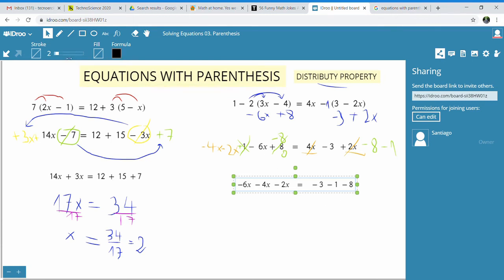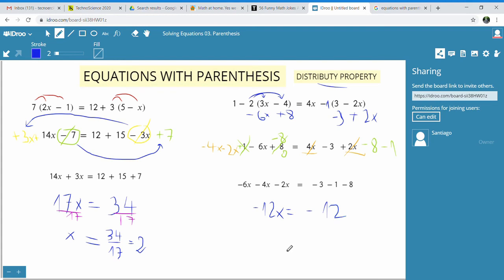Now let's operate the monomials. Let's take the color blue. Minus 6x minus 4x minus 2x is minus 12x, equals minus 3 minus 8 minus 1, equals minus 12.